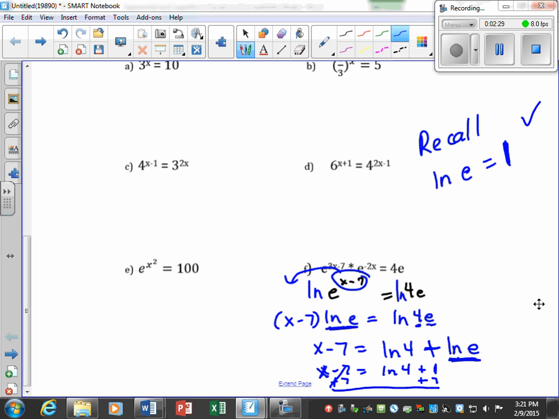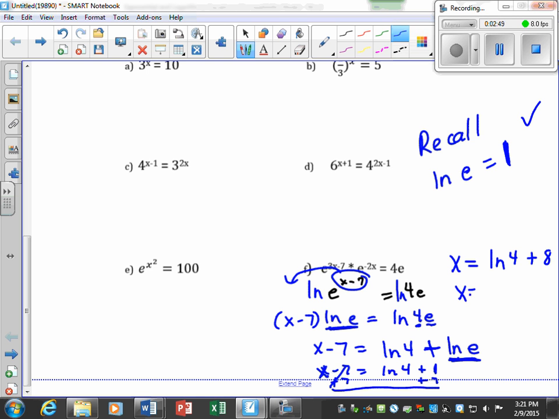And that would give me x is equal, I can't move it up any further, so it would give me x equals natural log of 4 plus 8. 7 plus 1 is 8. So I continued up here. Natural log of 4 plus 8, that's your exact value.